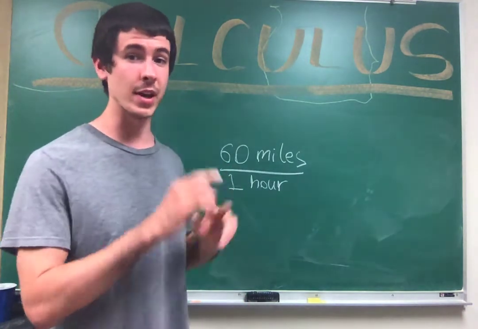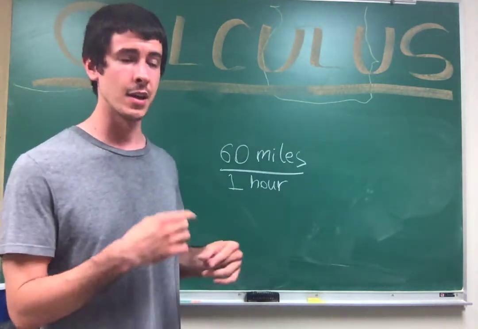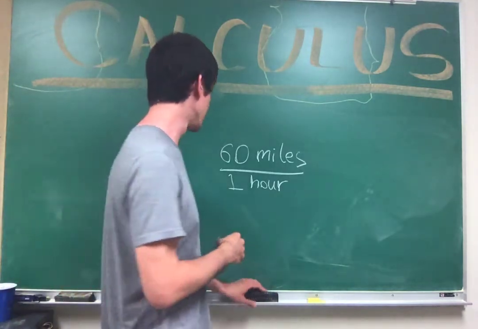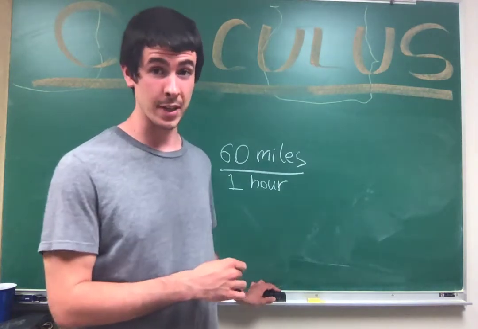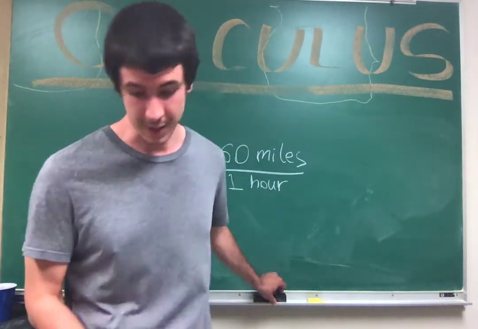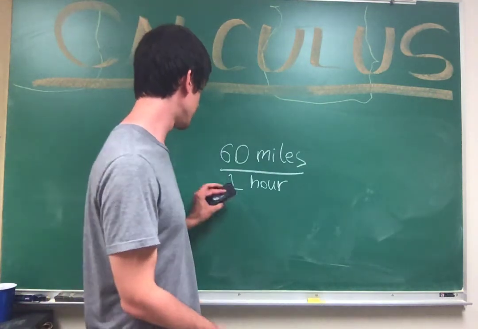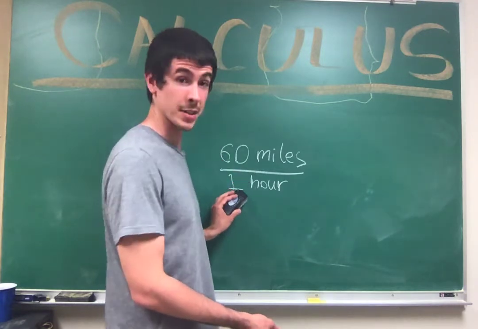But if we're going to take a more precise measurement, and maybe you're not even going to drive for an hour, we want to be able to say something about the speed, so we need to change our units to smaller units. So let's replace hours with minutes, and 60 minutes an hour.